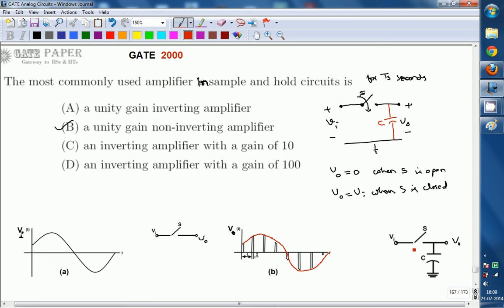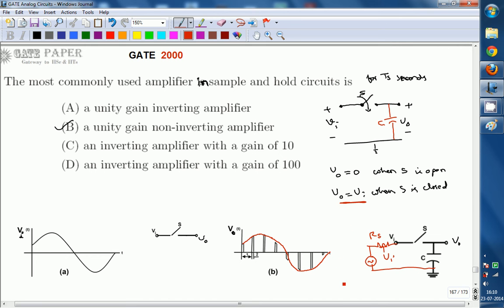The disadvantage of the sample and hold circuit: we assume that whenever the switch is closed, at that time V0 should be equal to Vi, but is it exactly equal to Vi? That is important. For example, Vi you are applying over here. Every Vi input signal will have some source resistance Rs along with it.